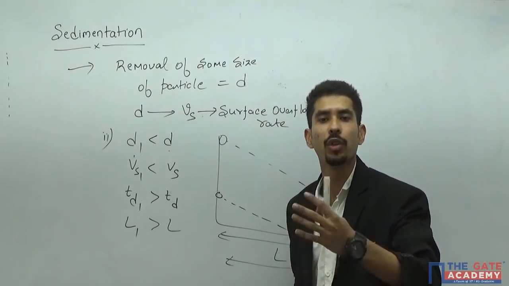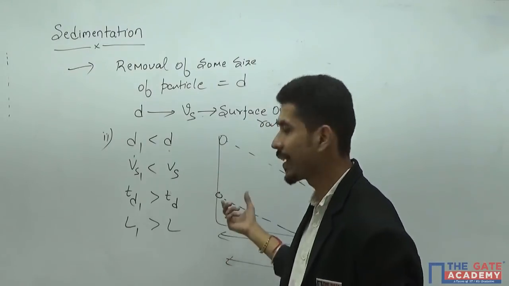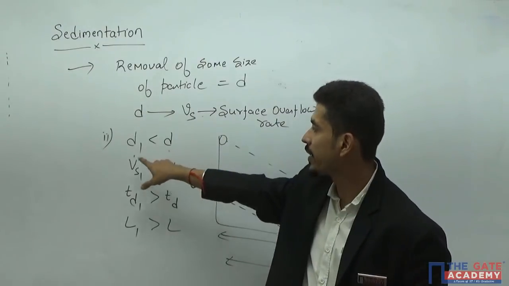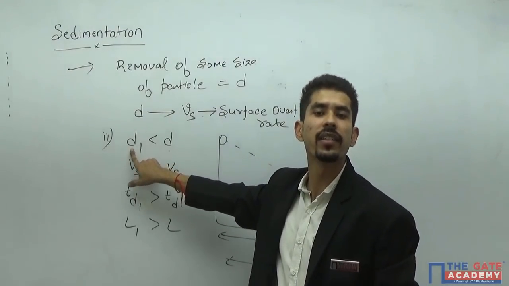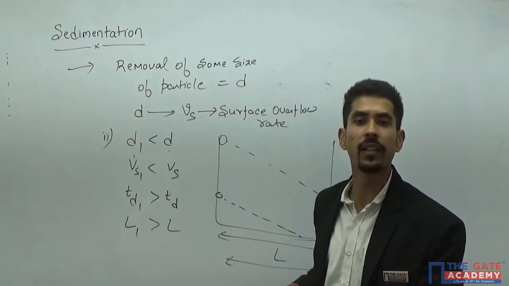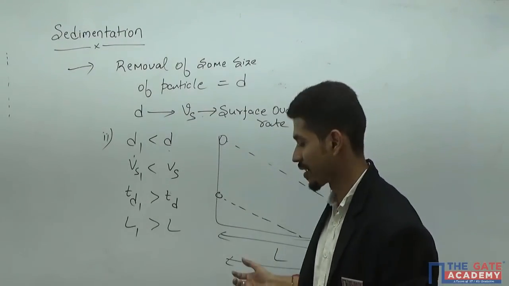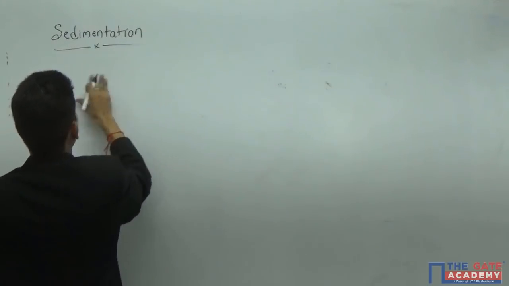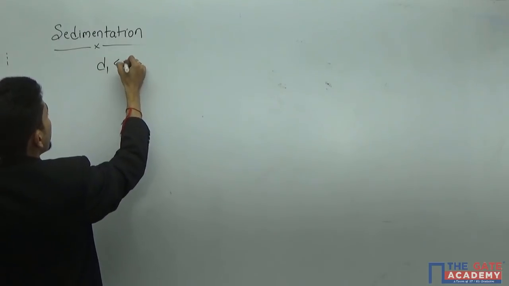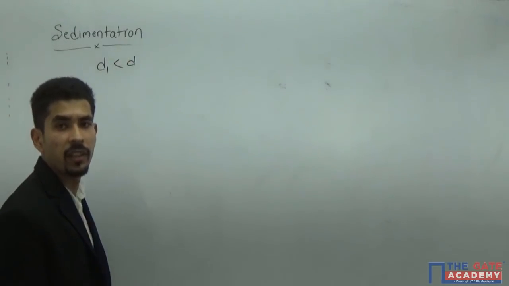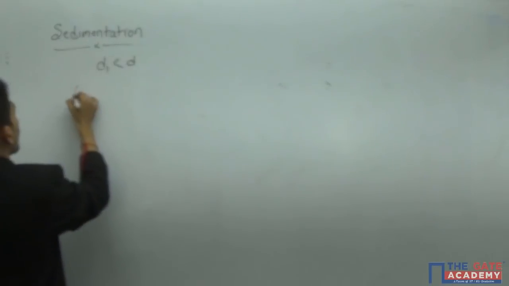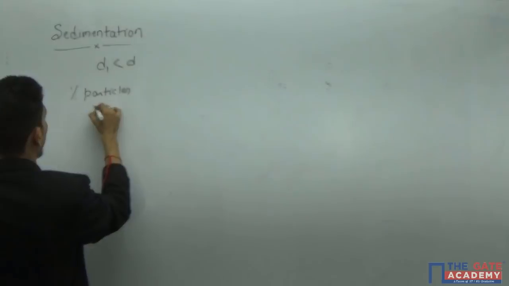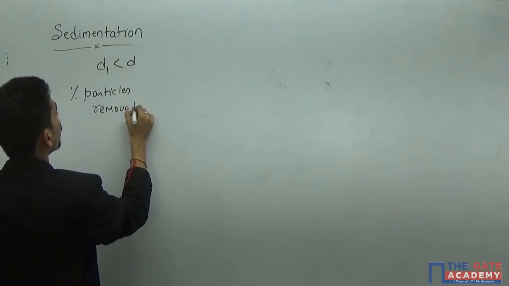How to calculate how much percentage of particles whose size is smaller than your concerned size are going to be removed? There is a method to calculate that. I'm going to discuss that just now. So what we do is, when the diameter is less than your concerned size diameter, we calculate the percentage of particles removed.